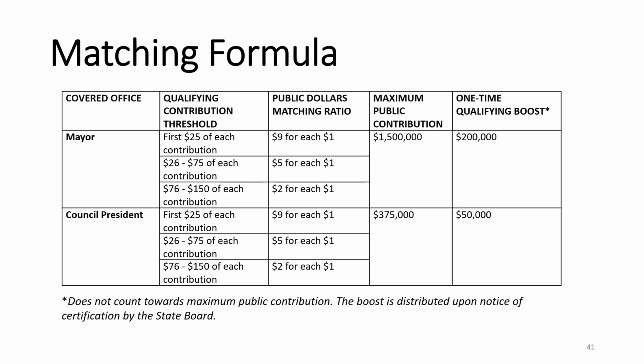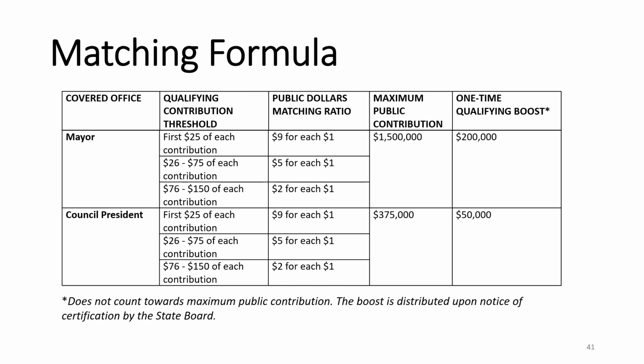So, if a mayoral candidate receives a $60 contribution, he or she will receive $225 in matching funds for the first $25 contributed. This is calculated by multiplying $9 times 25, plus $175 for the remaining $35 of the contribution, calculated by multiplying $5 by 35.